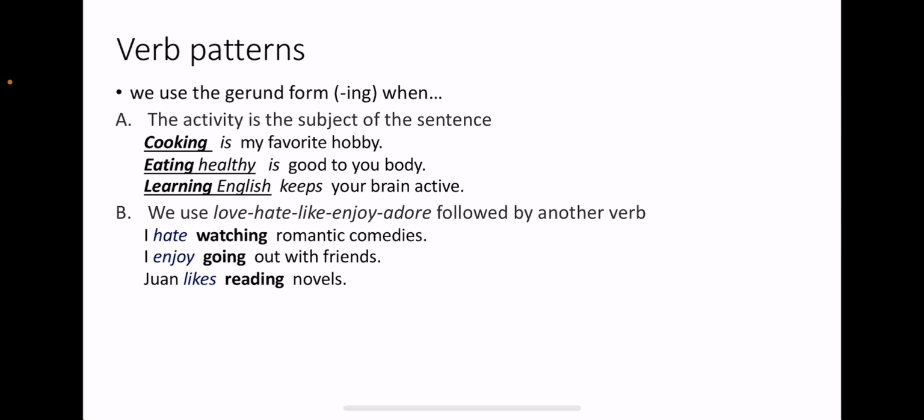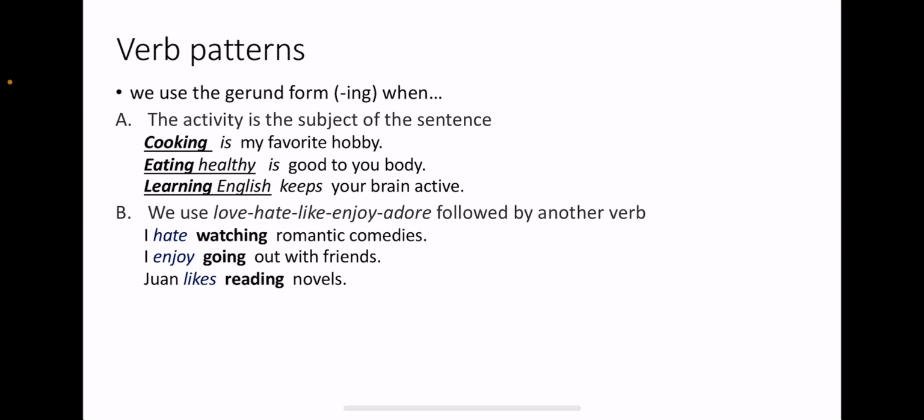I enjoy going out with my friends. Juan likes reading novels. I love speaking in English. After hate, love, like, enjoy, and adore, if we put another verb, remember to put that verb in gerund form. That is the second one.